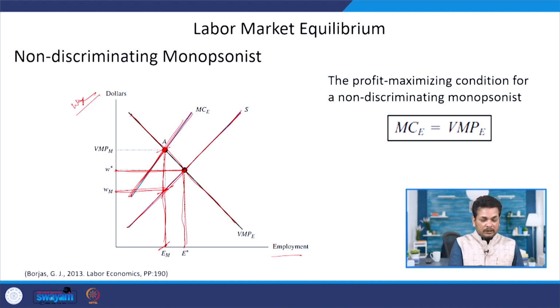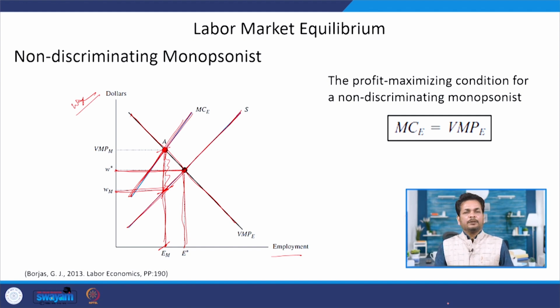So, there is some kind of exploitation in a non-discriminating monopsonist, because at point A the farm is guided by its profit maximizing condition where the marginal cost equals the marginal product. So, at point A the value of marginal product of labor is BMPM, which is greater than its marginal cost, which is WM.